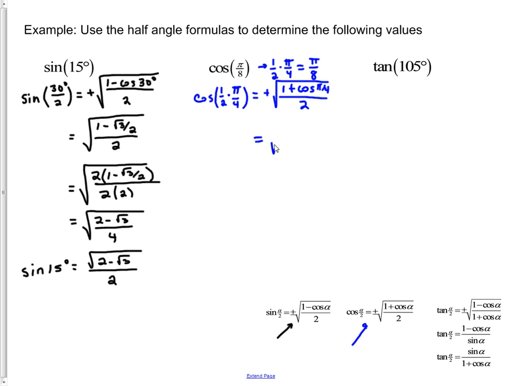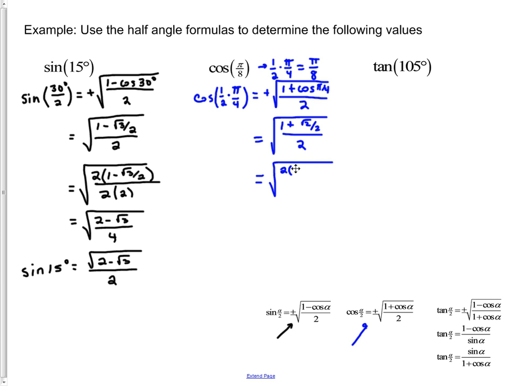Let's work it out. Kind of similar to the last problem, we know that the cosine of pi over 4 is the square root of 2 over 2, and we're dividing that by 2 here. So what we're going to do is eliminate this complex fraction aspect just like we did in the last problem. The common denominator of all the fractions within the fractions is 2.